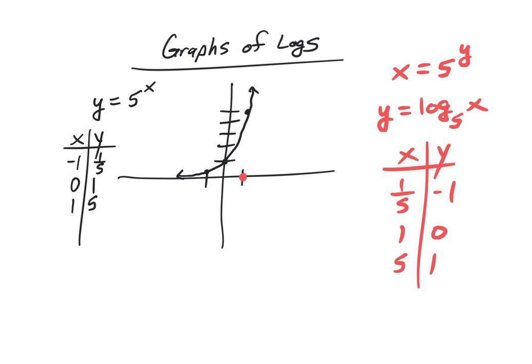So what you're going to find out here is that a log function is just the inverse of what we did. So yesterday, all of our graphs, as long as they were basic functions, crossed at (0, 1). My log functions are always going to cross at (1, 0). (5, 1), (1/5, -1) would be here.